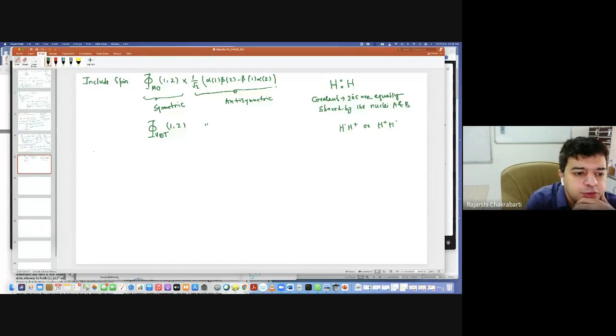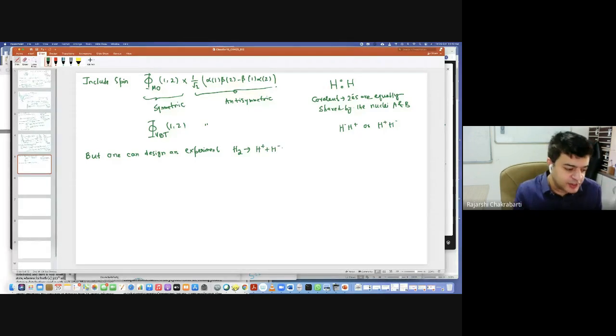Now how to improve, but one can design an experiment where H2 will dissociate into H plus and H minus. Then that dissociation limit will not be predicted by your VBT, the VBT so far I've talked about, isn't it? Is this clear? Yes. That dissociation limit will not be predicted by VBT.